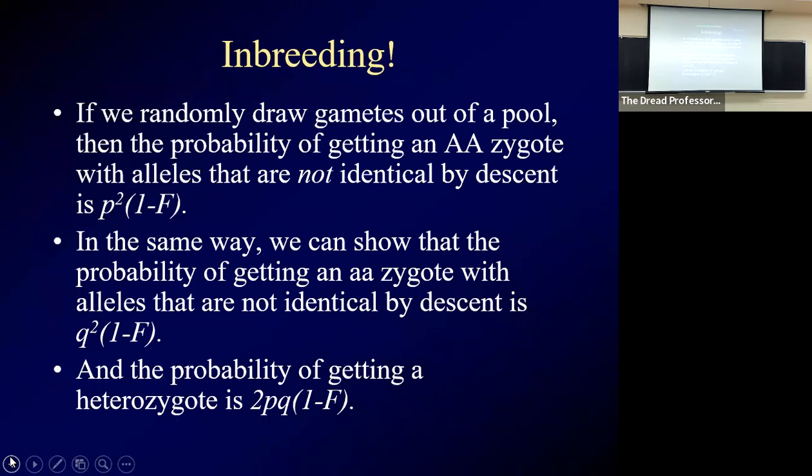The probability of getting a big A zygote with alleles that are not identical by descent is P times 1 minus F.